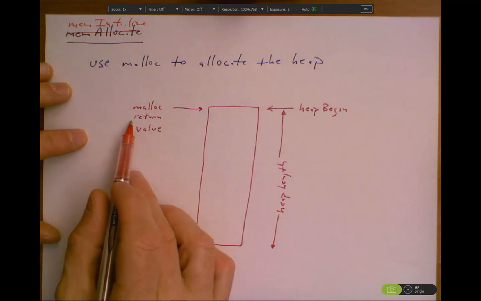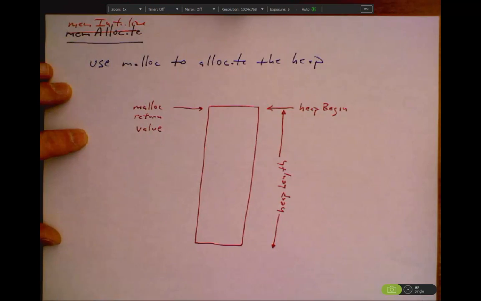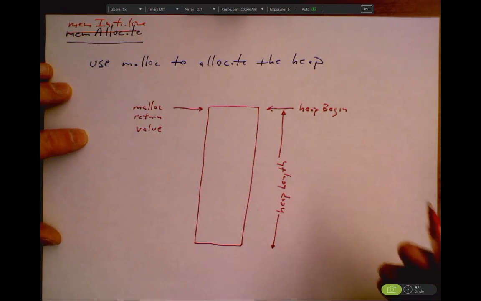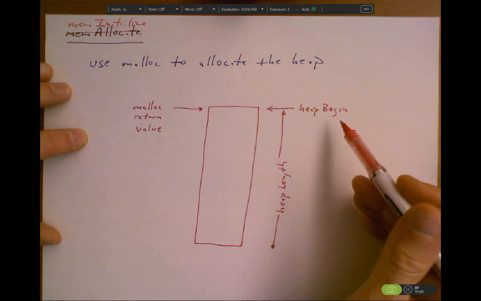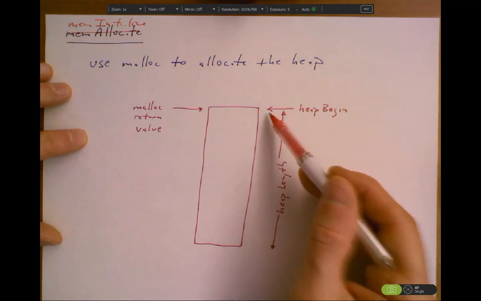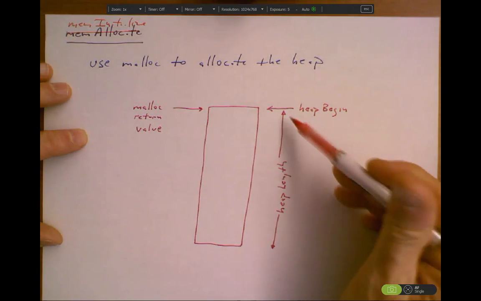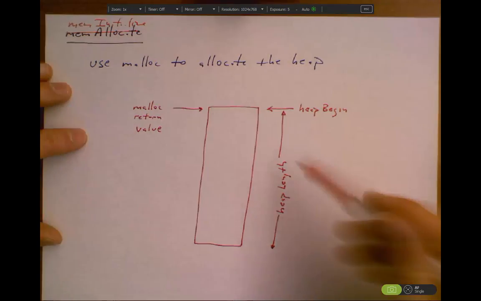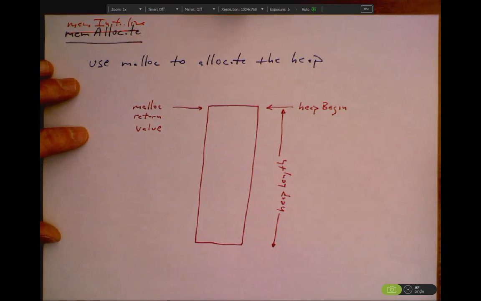Malloc is going to return a pointer to a big block, the block that's the size of the heap, and I probably need to set up some control variables inside my allocator to keep track of where the heap is located. So that's maybe a hidden global variable that points to the beginning of the heap, and then another hidden global variable that keeps track of the length of the heap. Those would be internal things, not visible to the user.